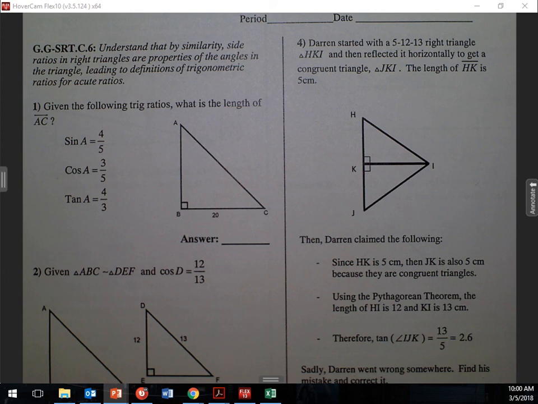Now, I will go through this item by item because they're in our notebook already. I told you guys before, these are in the notebook. This one right here, we did a couple days ago.